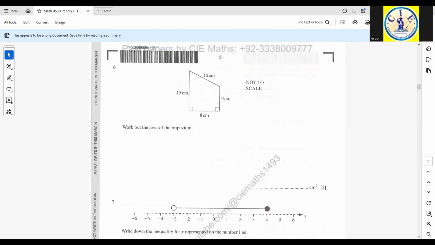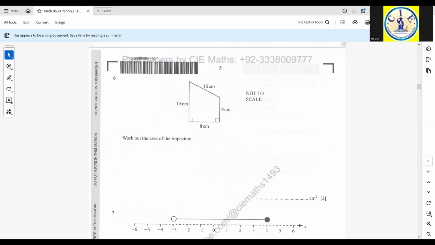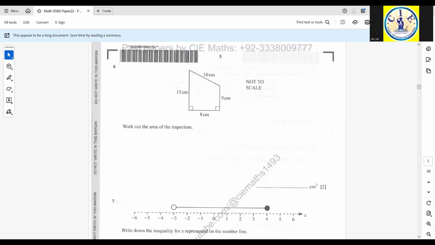This is question number 6 now. Work out the area of the trapezium. We know the formula for the area of a trapezium is half times the sum of the parallel sides, which I call A and B, times the height.